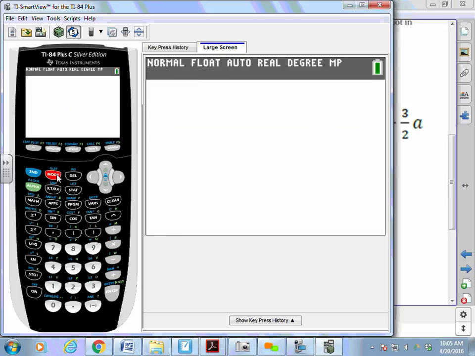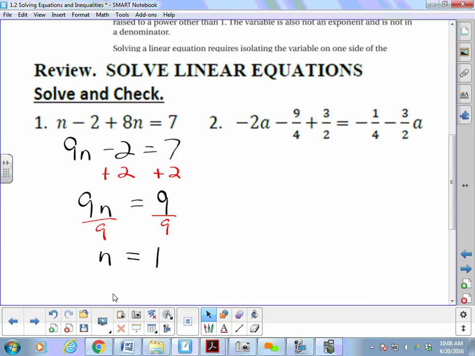So 1 minus 2 plus 8 times 1, and that does equal 7. So it's a true statement. You can just plug it into the home screen of your calculator to check these equations.